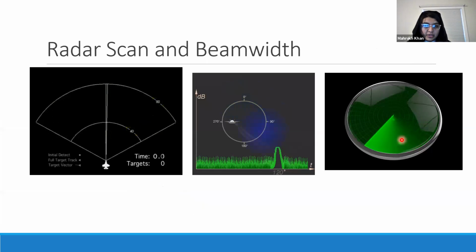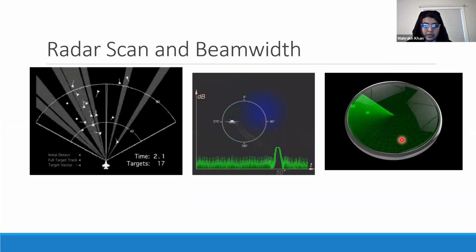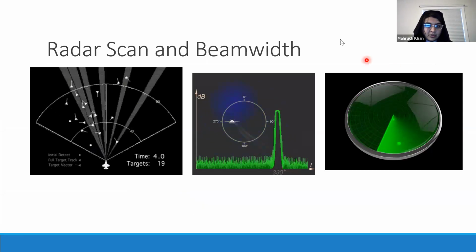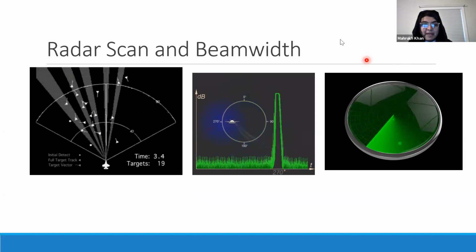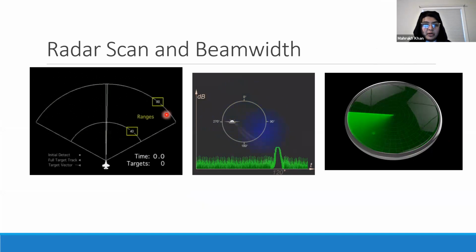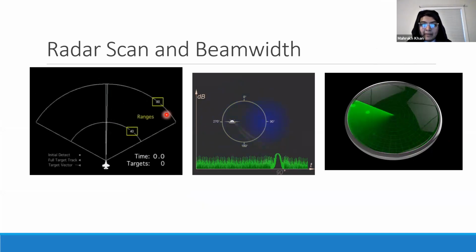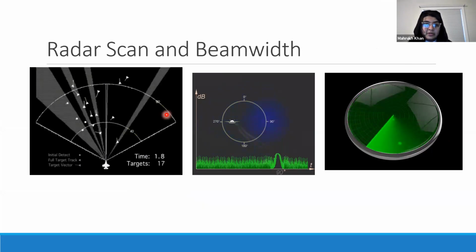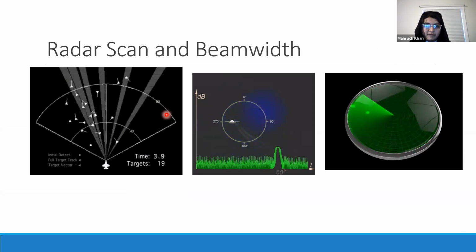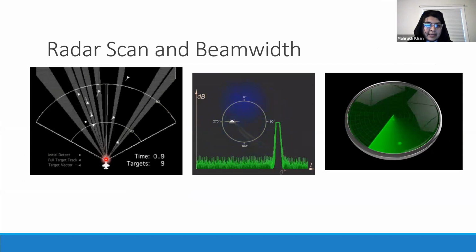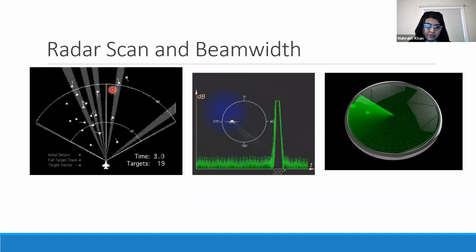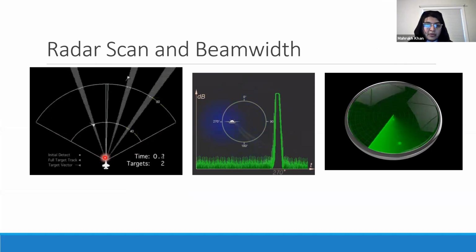So if you see here, they are using this everywhere. This is one of the airport traffic control systems where they use radars to detect the targets or the planes which are coming for different sites. You can see that in this animation there are different beams.